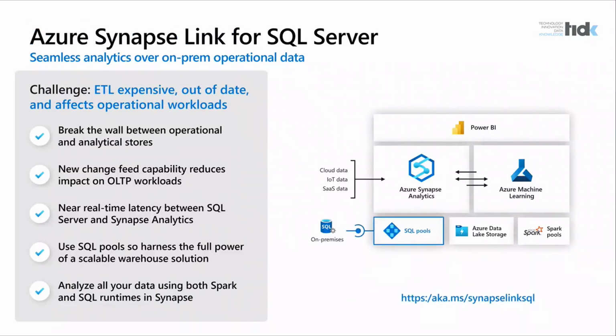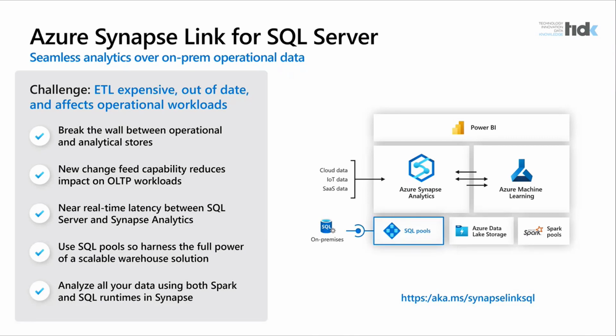What's the idea behind the ability to create the link connection between on-premises SQL Server and Azure Synapse Analytics? Well, the idea is quite simple. We want to bring the whole powerful analytical solution, which is of course Azure Synapse Analytics, to our on-prem sources without doing the whole expensive ETL, ELT transformation.